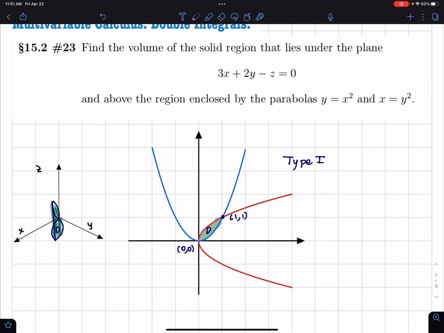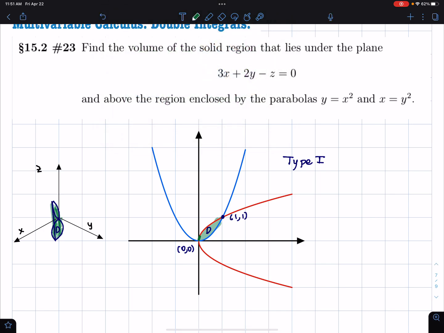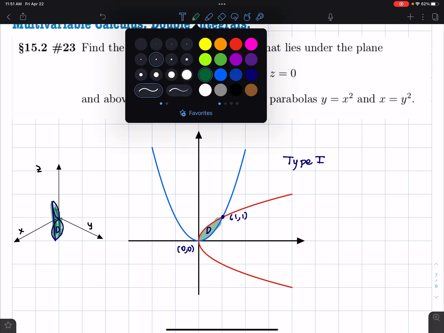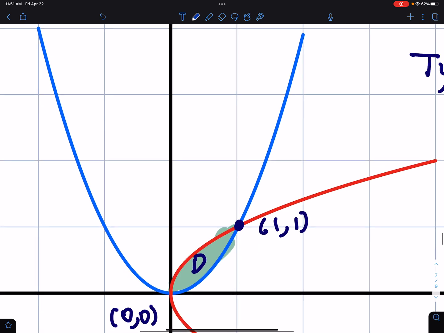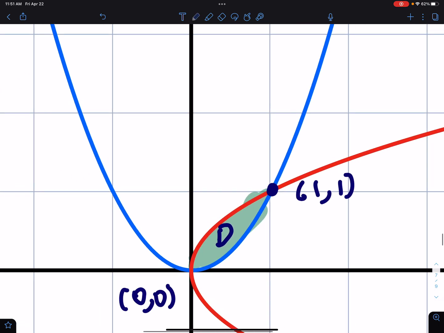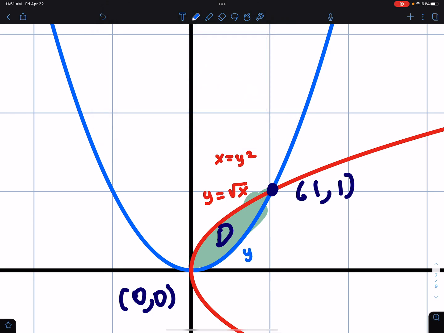Type 1 means that it can be described above by a curve, and that curve above, this curve in red, is x equals y squared. But we're trying to describe y as a function of x, so I'll write y equals the square root of x. And then below the region, we have y equals x squared.